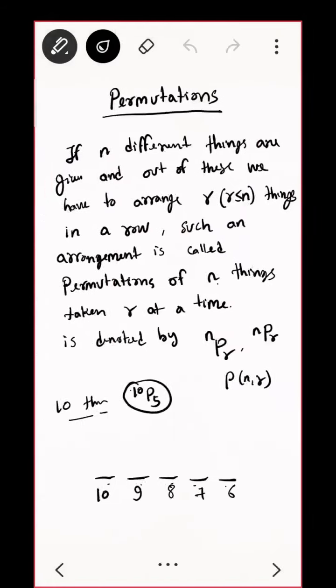So if I am having n things and r positions, what will be the value? How many numbers will be there? There will be r numbers. Do you agree? There are r positions, similar to this one with 5 positions only.